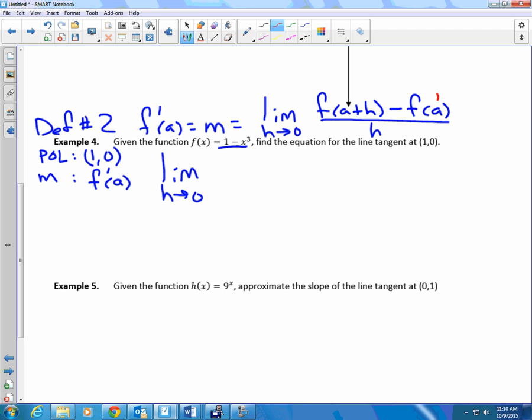So we're going to put a 1 there, and we have a 1 plus an h that's going to go in there. So I'm going to write my function exactly like it looks, but instead of an x, I'm going to write 1 plus h. So I have 1 minus the quantity 1 plus h to the third power. So that's my function, 1 minus x to the third, right? So I wrote 1 minus that thing to the third power.